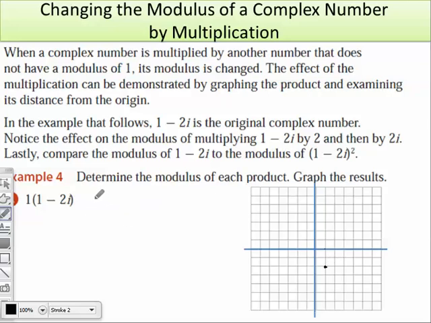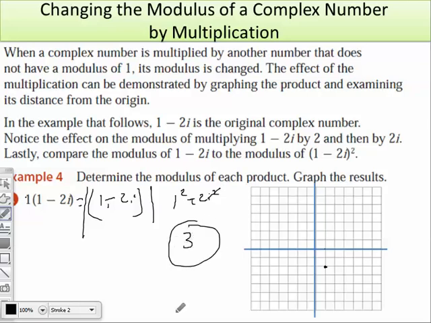And if I find the modulus of that product, I get 1 minus 2i. That's my value that I get when I multiply that out. And if I look at the modulus of that number, I'm going to have 1 squared minus 2i squared, which is actually 2. So I'm going to get 3. And my modulus is 3.